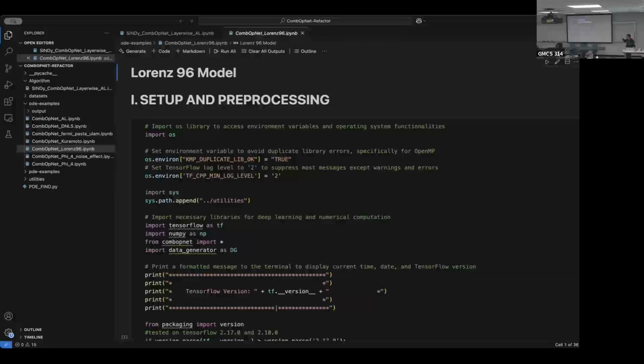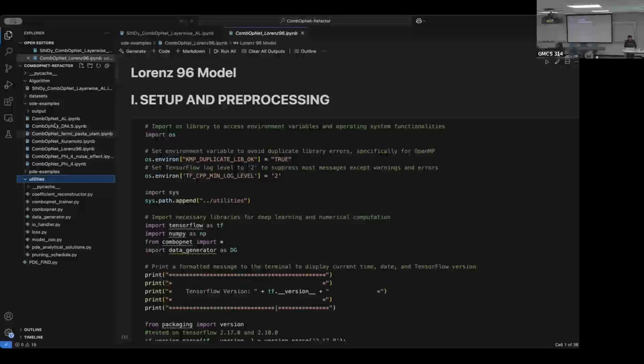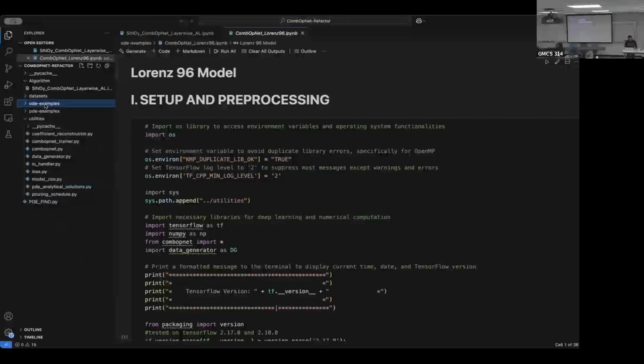Okay, are we good to see the demo here? We have refactored our code, so it's already in a library form. This is a utility here. You can see we already started working on the PDE problem a little bit for the ODE examples.